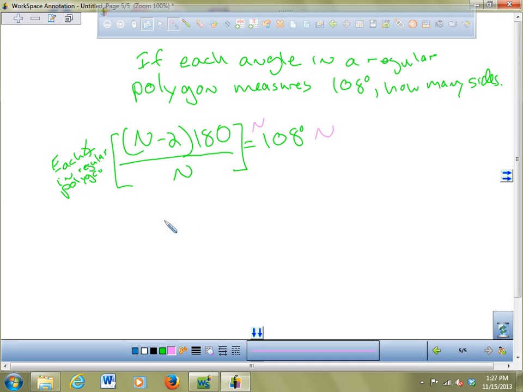Distribute the 180. When I do that, I get n minus 2 times 180 equals 108n. Yeah, let's just distribute. So I get 180n minus 360 equals 108n.